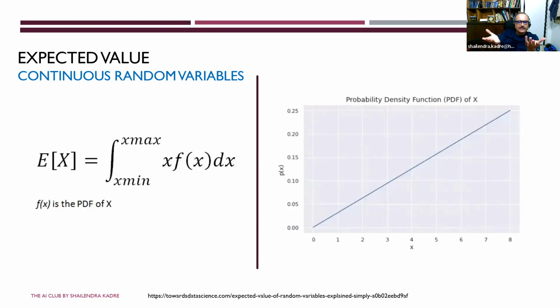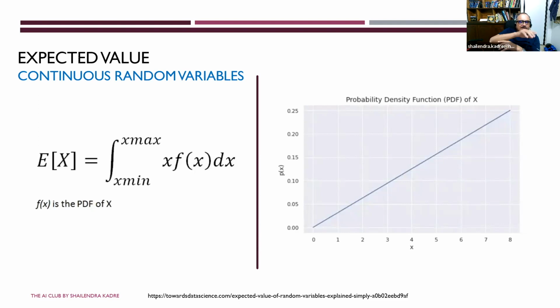We have studied continuous PDF and PMF in detail. PMF, the probability mass function, is applicable for discrete, and PDF, the probability density function, is applicable for continuous numbers.